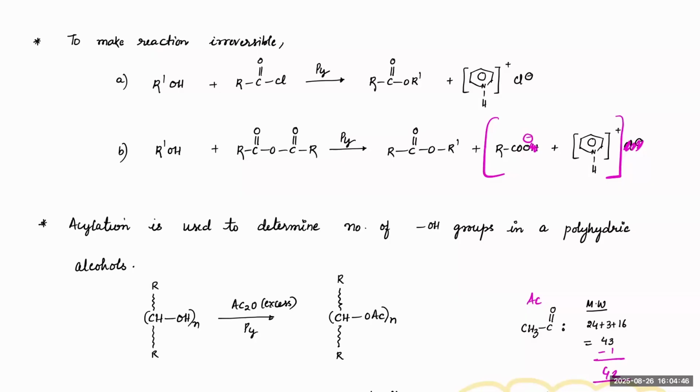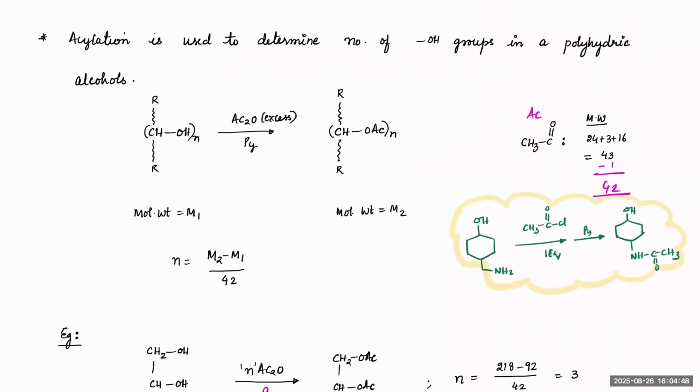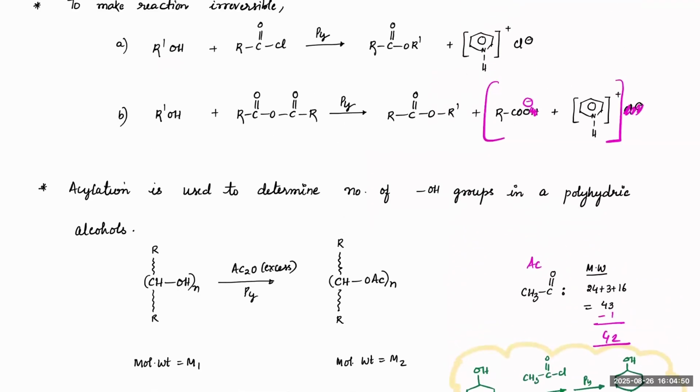Clear, beta? See, this is a group which is directly connecting to alcohol. This is used as a method to determine how many polyhydric groups we have, that means how many OH groups we have in a compound.